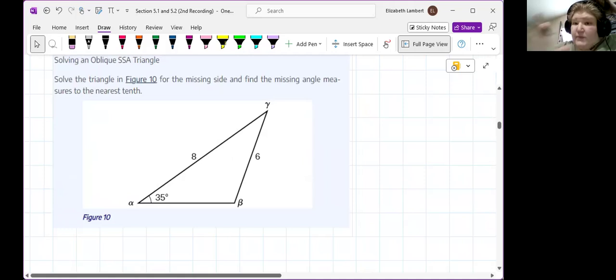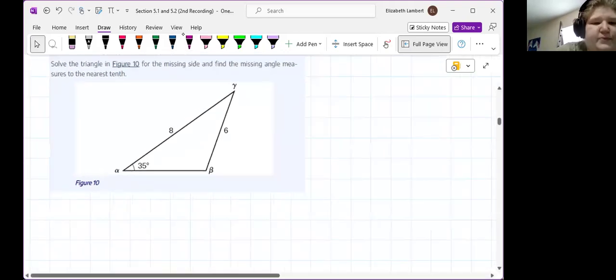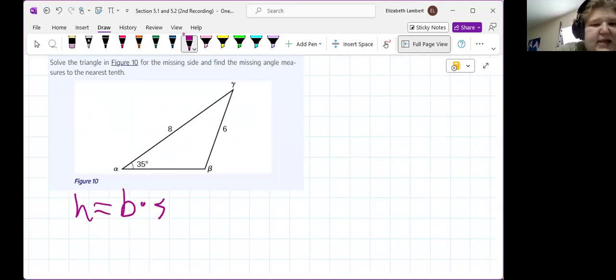Okay, so here they've thrown together this potential triangle. What we're going to check first is, can this even make a triangle? So our minimum height is B times the sine of alpha.